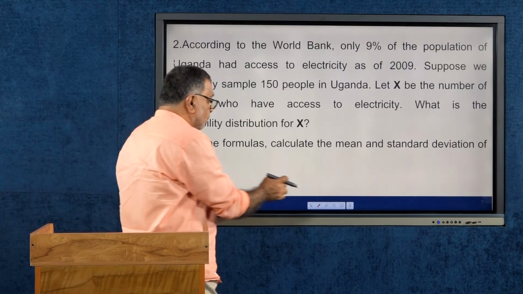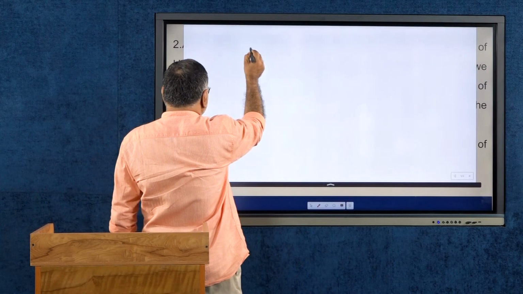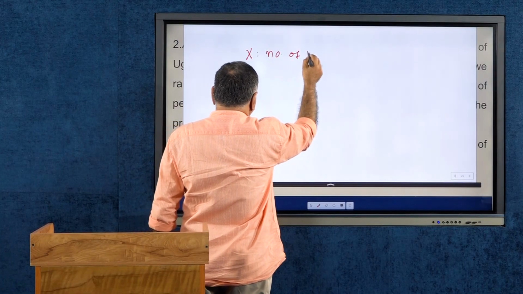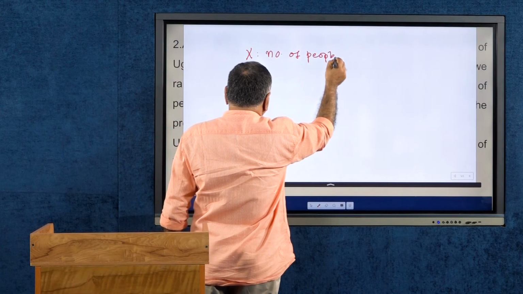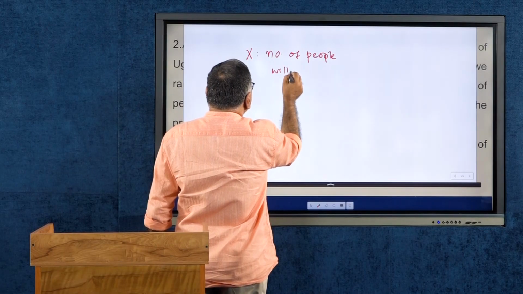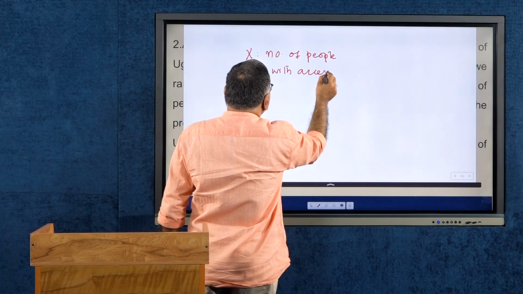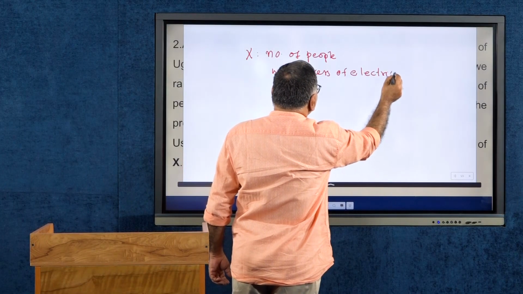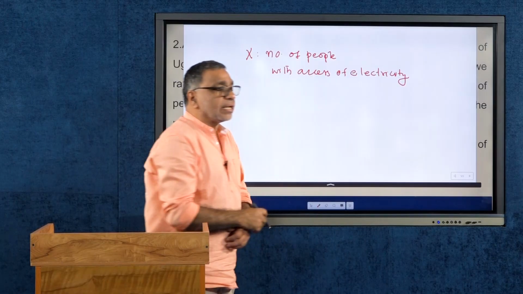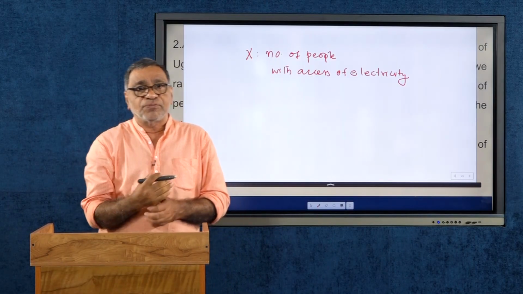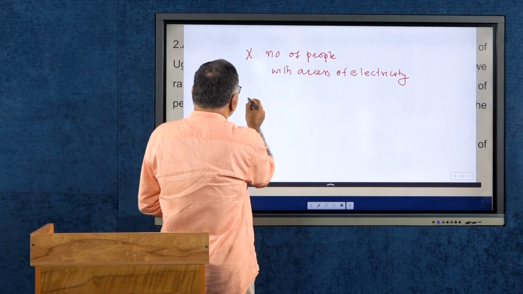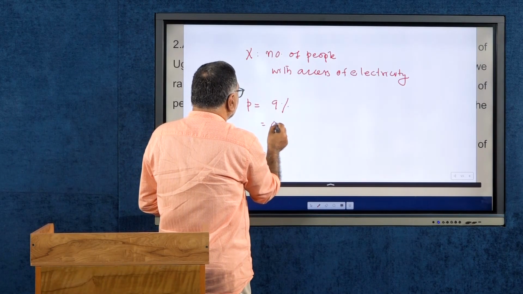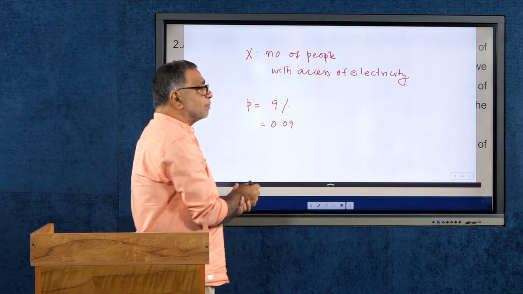So, we define x as the number of people with access to electricity and p as the probability, 9% of the population, that is 0.09.